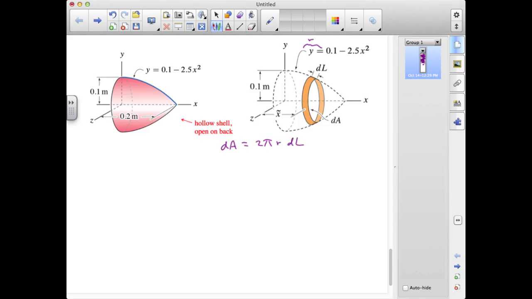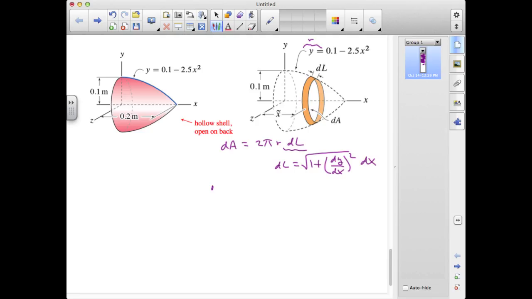And we're going to integrate this over x, so dl is going to be equal to the square root of 1 plus (dy/dx) squared dx, and that will allow us to integrate over x.